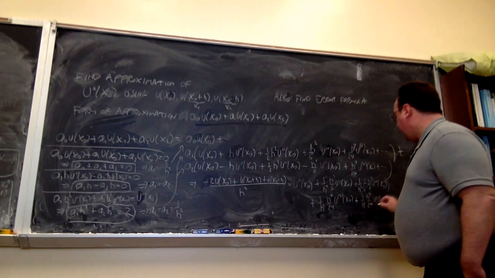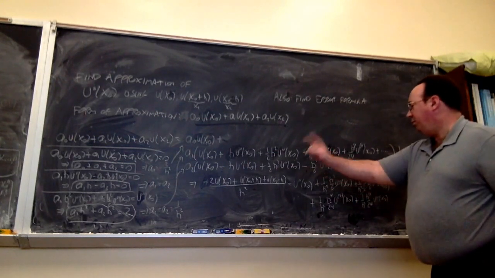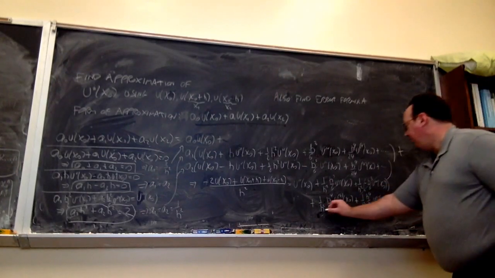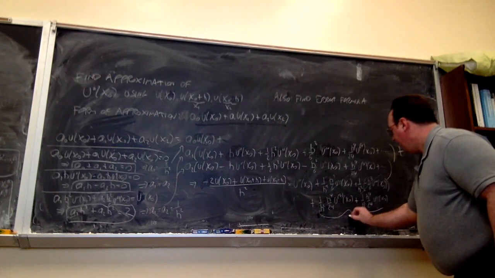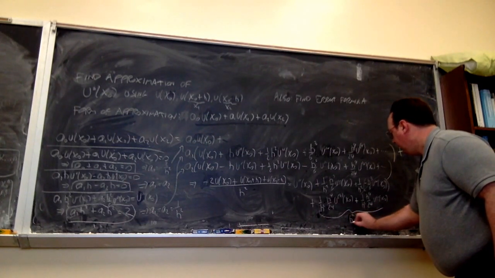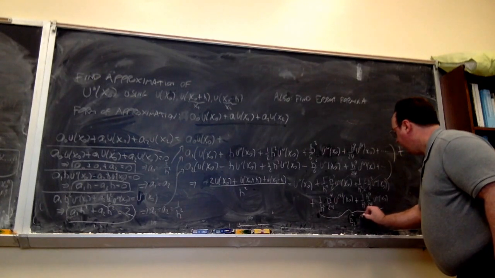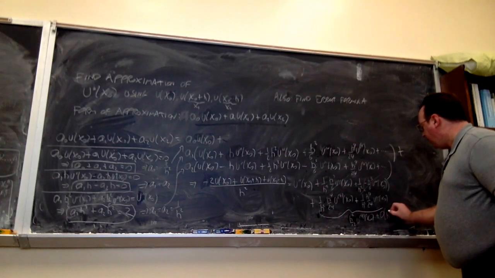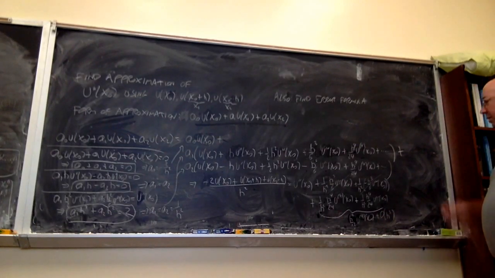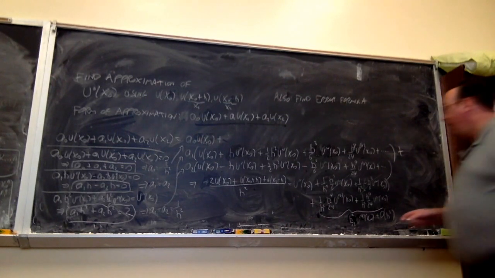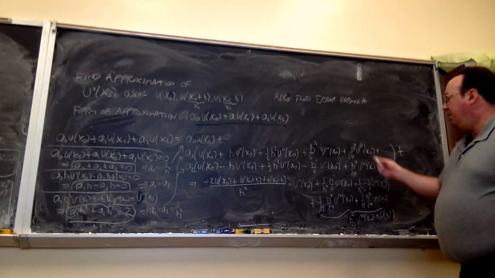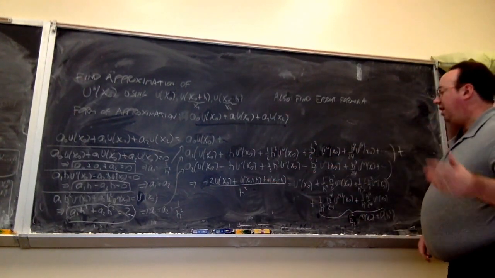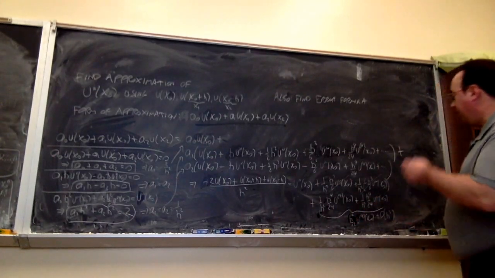So what I get is, my approximation gives me u double prime at x naught plus this leading error term, which condenses to h squared over 12, fourth derivative at x naught. And then there are other terms that would be at least h cubed, which I'm neglecting. But normally these are written as my exact expression is equal to my approximation plus the error. So really the error is minus h squared over 12.